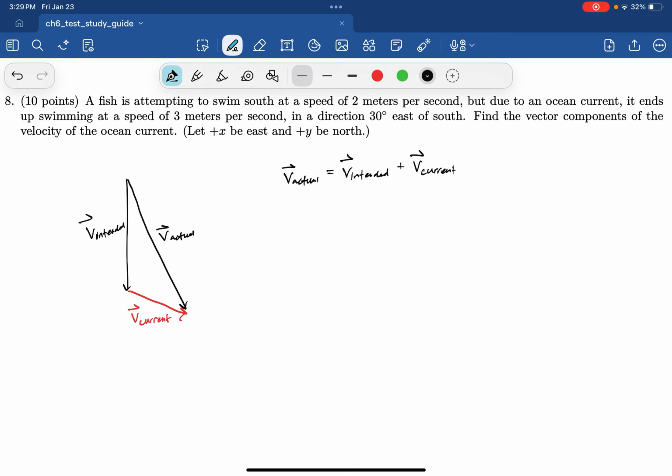Okay? So V current equals V actual minus V intended.